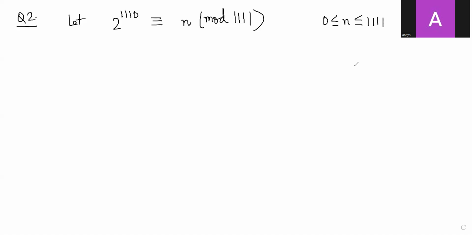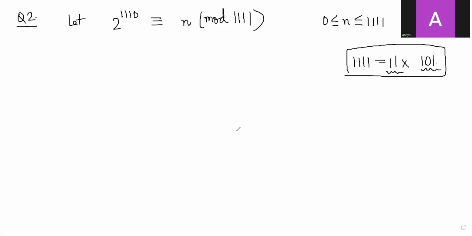You should spot first of all that 1111 is 11 times 101. If you don't split it, there is nothing you can do. These are both prime numbers. Oh, so do you break it up and then use Chinese remainder theorem to solve it?